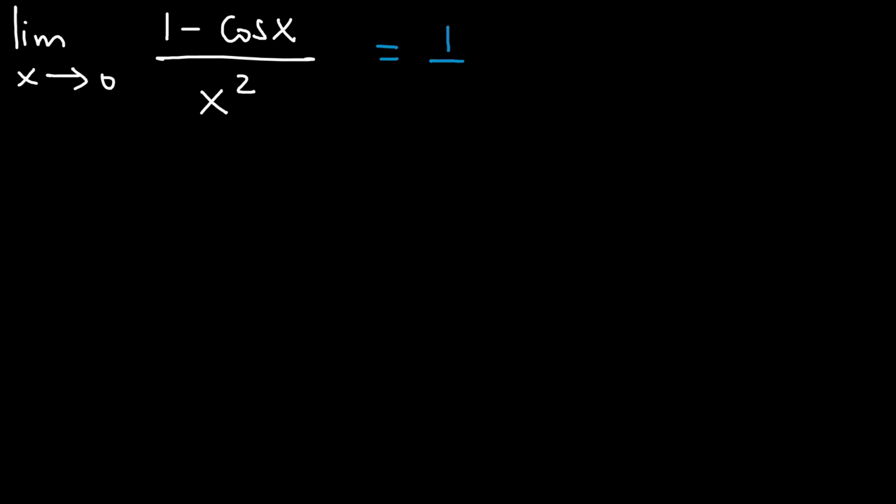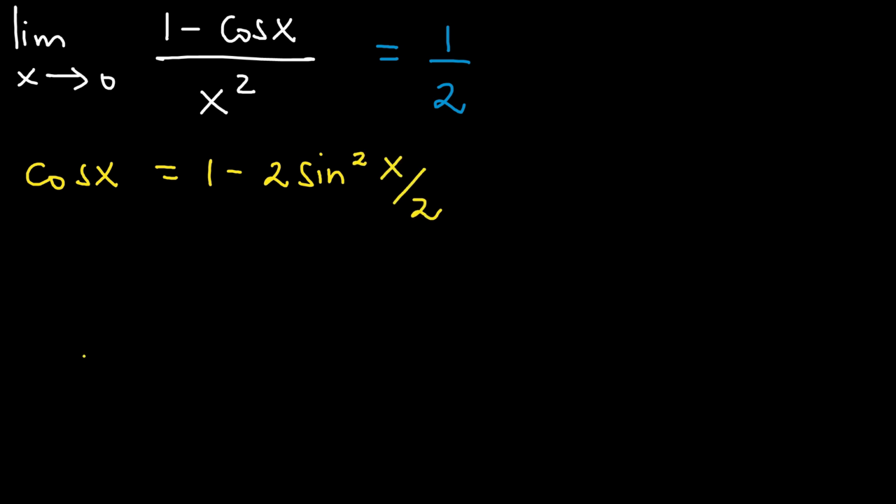Solve the limit as x approaches 0 of 1 minus cosine x divided by x to the power of 2. Now the answer to this limit will be 1 divided by 2. But let's see how it comes about. Now from trigonometry, cosine x will be equal to 1 minus 2 sine squared x divided by 2.